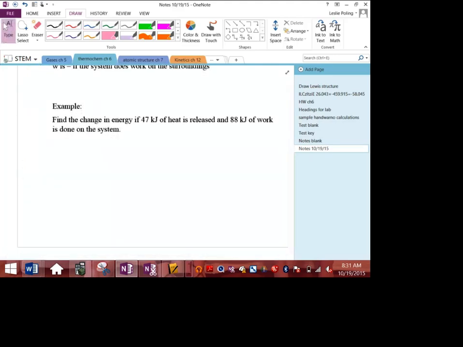Okay? So right here, we have Q, and we have W. Delta E is what we're looking for. And delta E equals Q plus W. But we weren't given these in just a list like you were in the homework.